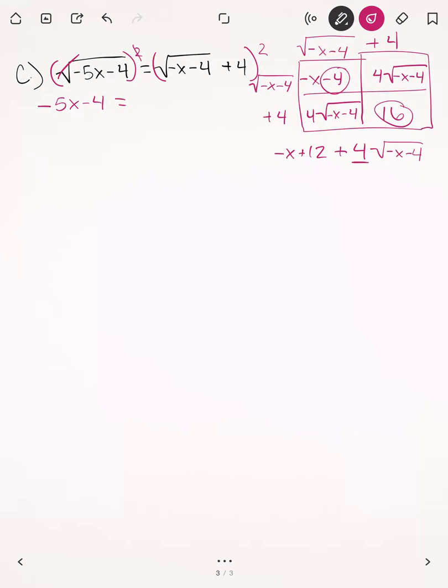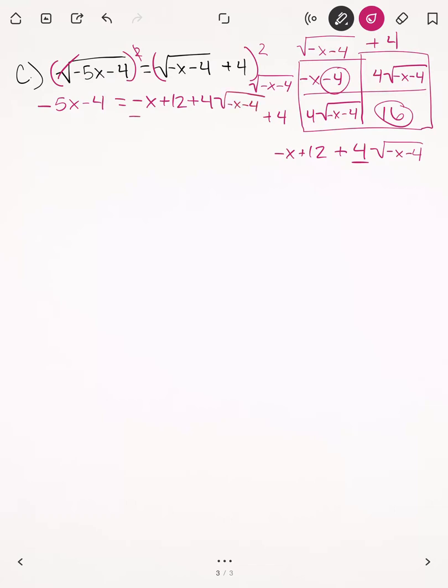Now, this 4 right here cannot be combined with the 12 because that 4 is attached to the radical. Leave it alone. So I'm going to substitute this back in: negative x plus 12 plus 4 rad negative x minus 4.